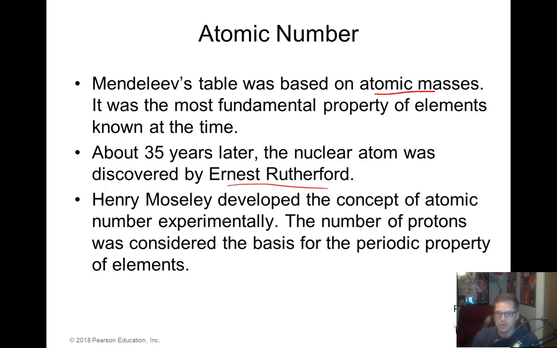And then Henry Moseley finally came along and developed the concept of the atomic number, and did it experimentally, and then they decided to rearrange the periodic table based on that. This changed some things, because there are certain elements whose average atomic mass is higher than elements right next door to it.